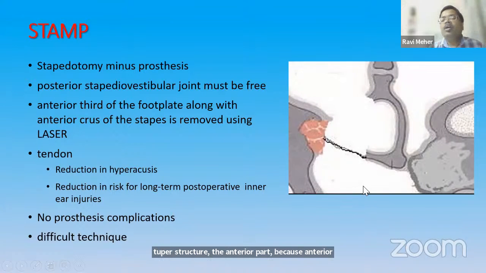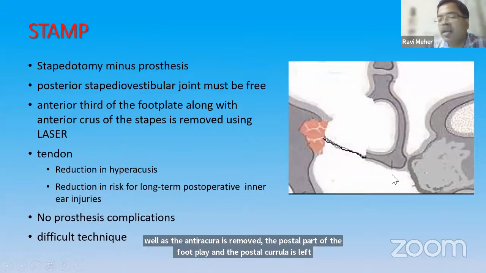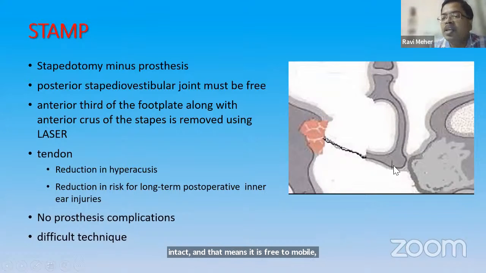So it is done in patients with otosclerotic foci only in the anterior part of the foot plate. So the anterior part of the foot plate as well as the anterior crura is removed. The posterior part of the foot plate and the posterior crura is left intact, and that means it is free to move, and patient can hear from this.